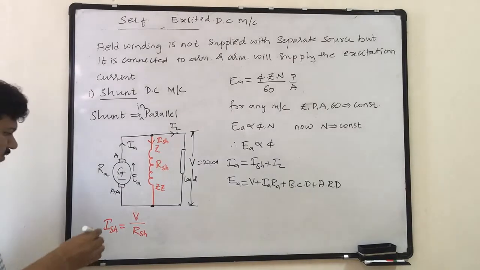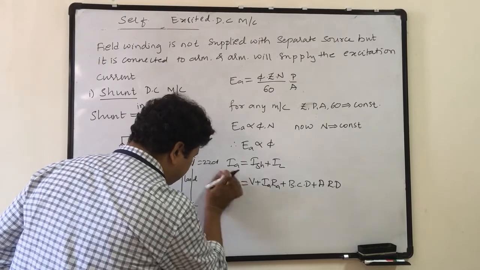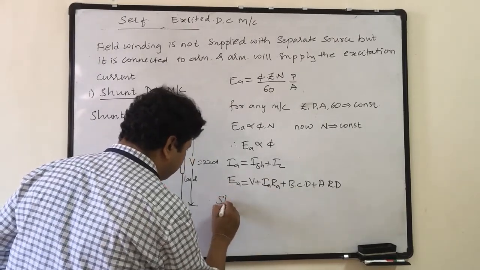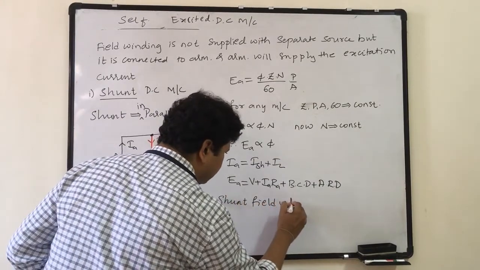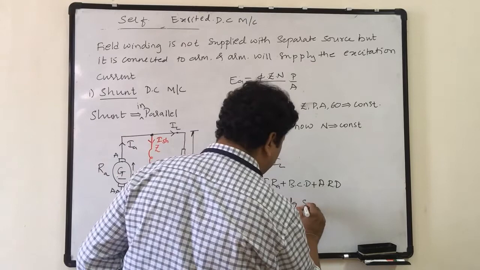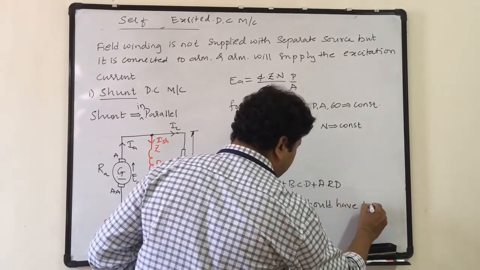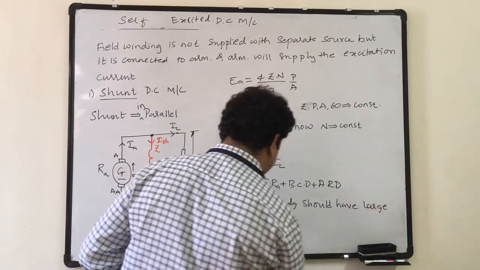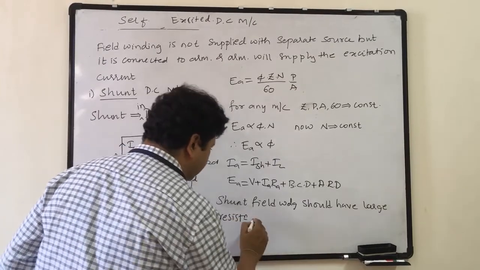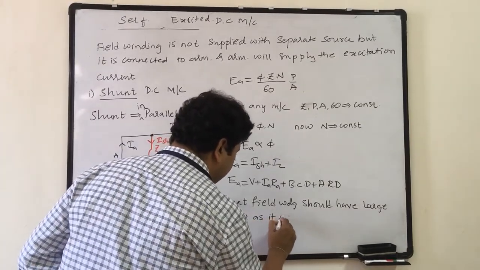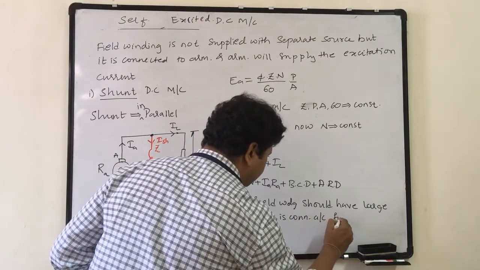So the shunt field winding should have large resistance, as it is connected across full voltage.